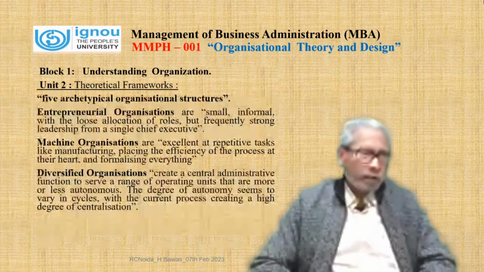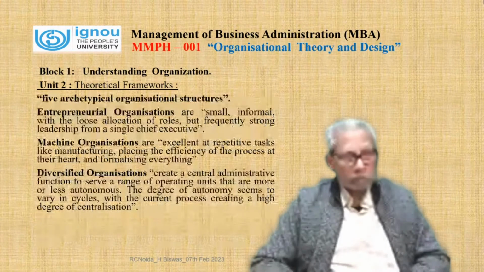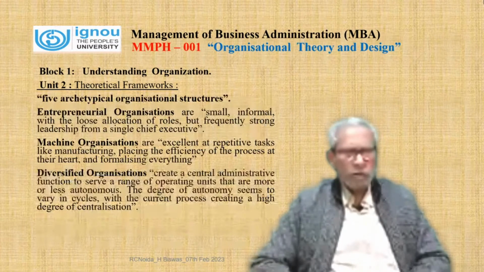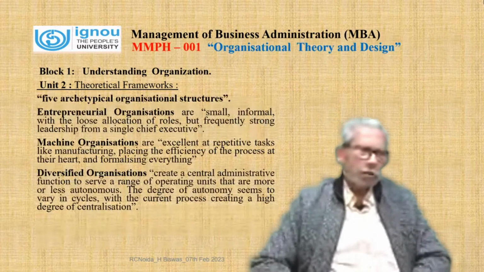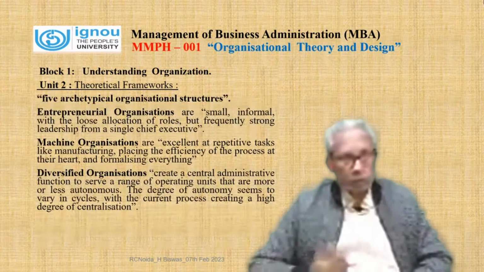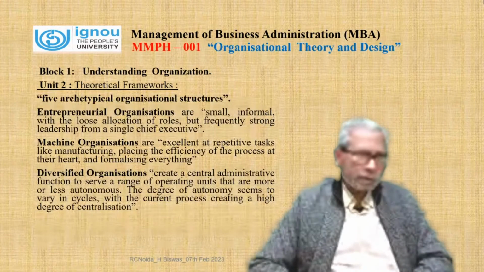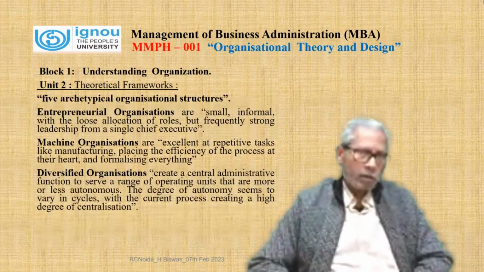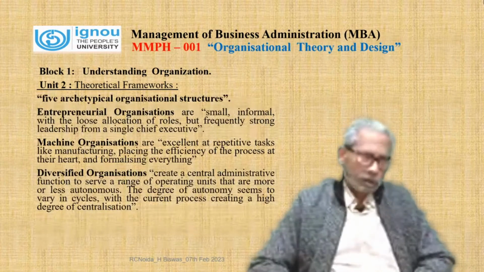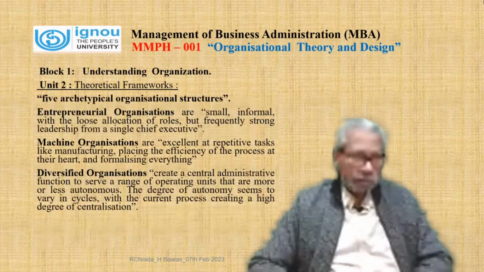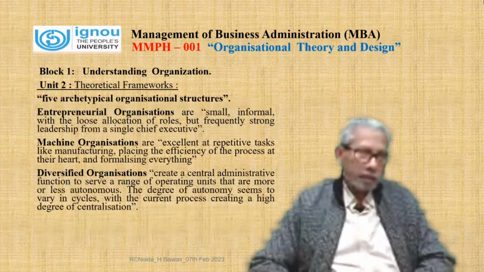Then entrepreneurial organizations are small, informal, with strong leadership from a single chief executive. So one man can do these things in particular organizations. So this type of structure is there. Machine organizations are excellent at repetitive tasks. So this is one of the areas.